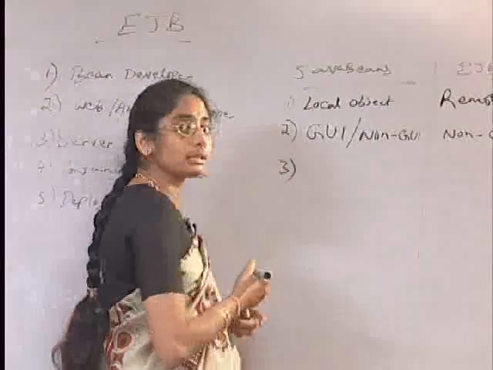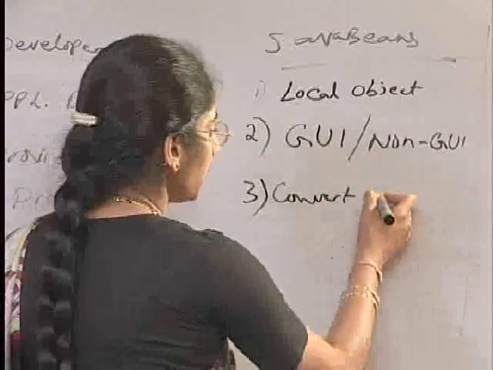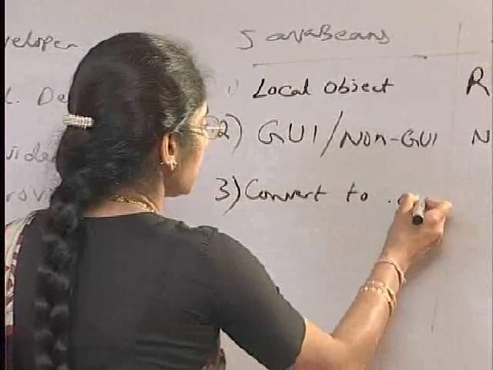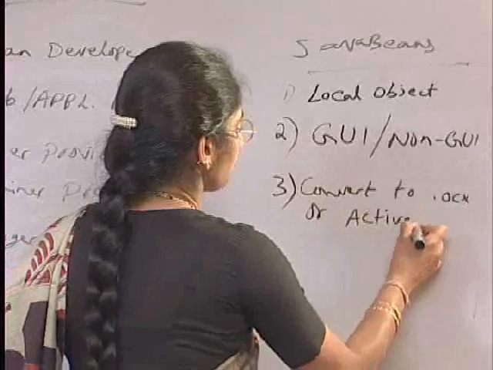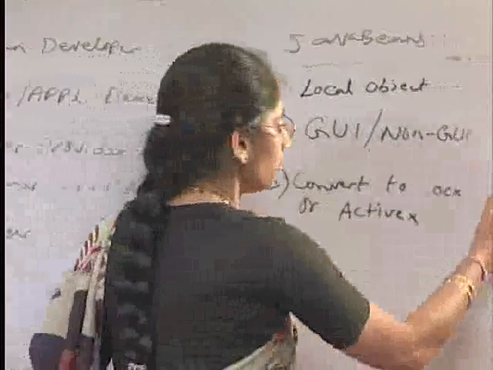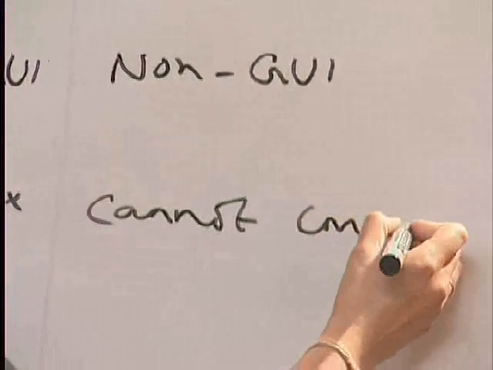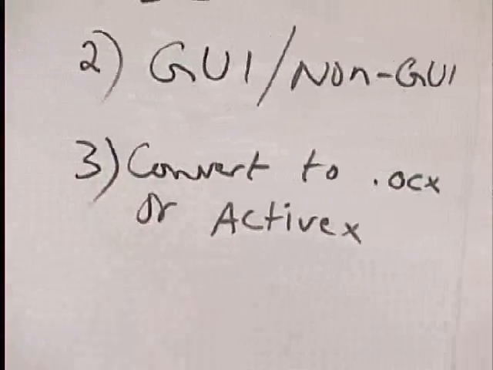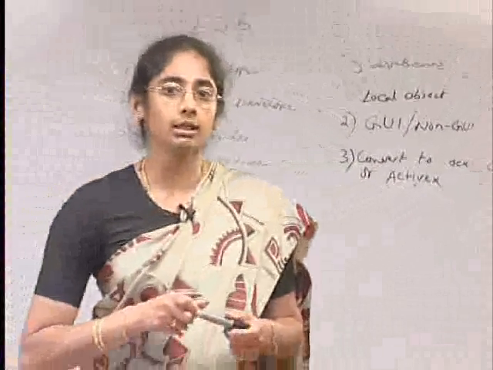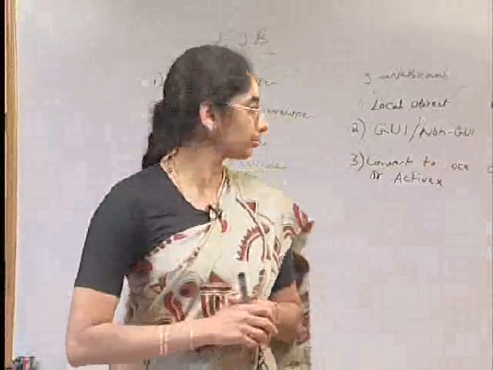Another difference is, you can always convert a Java bean to a .ocx file or an ActiveX component, which you cannot do with an enterprise Java bean. So these are the differences between a Java bean and enterprise Java bean. They have totally different requirements.